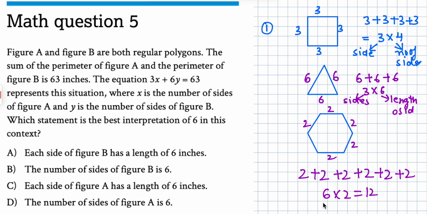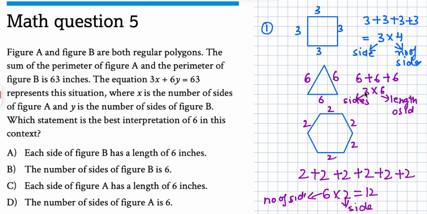Whenever we write the multiplication form, one factor is the number of sides, right? Here 6 is the number of sides of the polygon and 2 is the measure of a side.